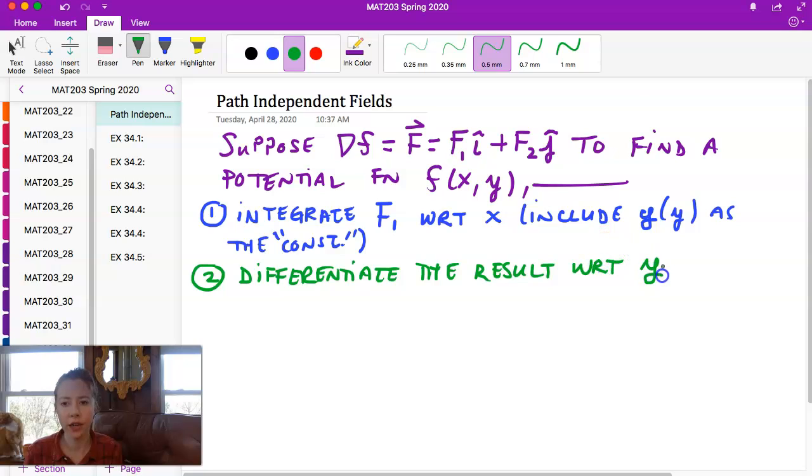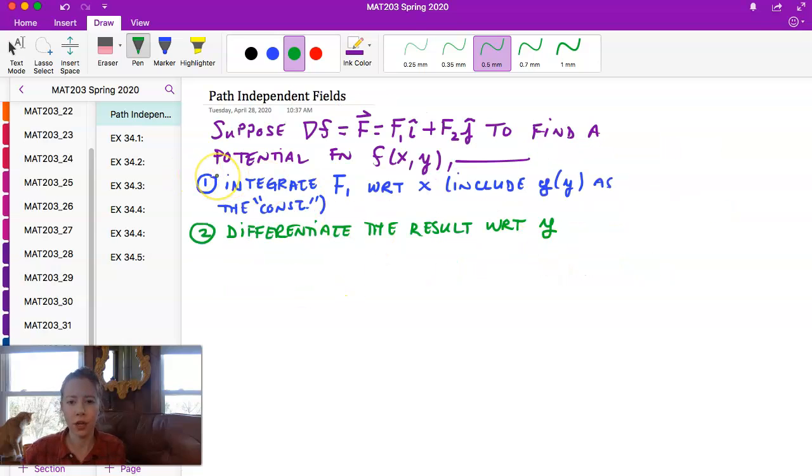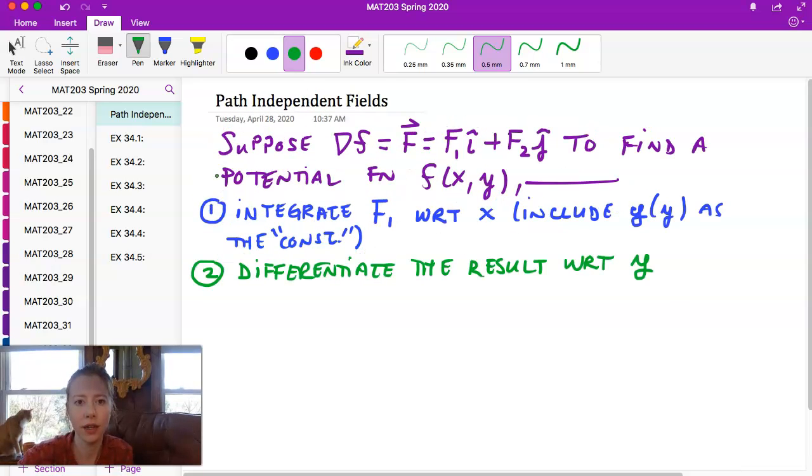So we're going to take the derivative of our integral here from 1. Okay, so we differentiate the result with respect to y, so then your g of y will become some g prime of y, the first derivative.